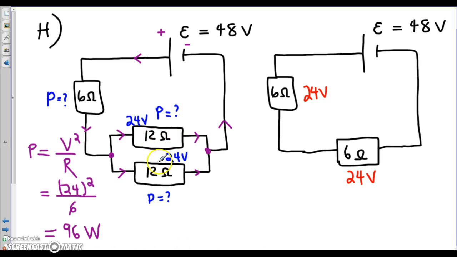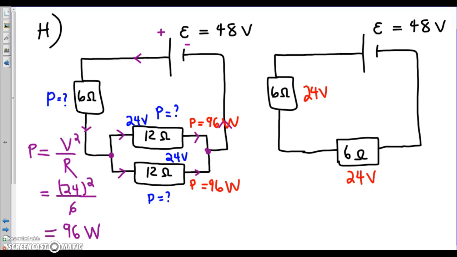We look at these other 2 resistors and we realize, hey, they have the same resistance, the same potential difference, so each of these will have the exact same power that they consume, 96 watts. That's kind of handy. This problem turned out to be pretty easy.